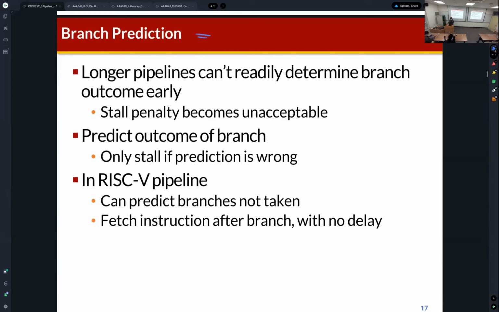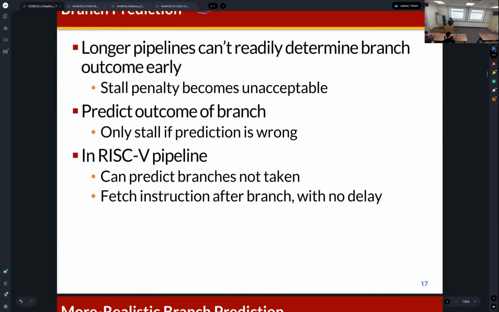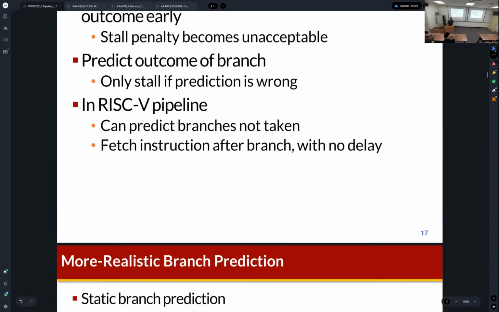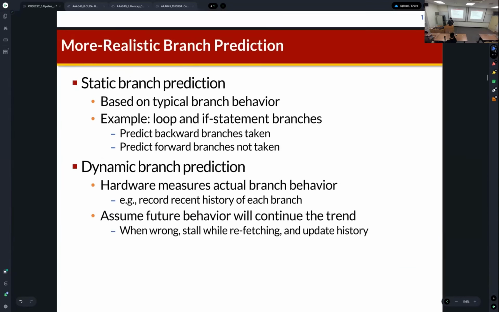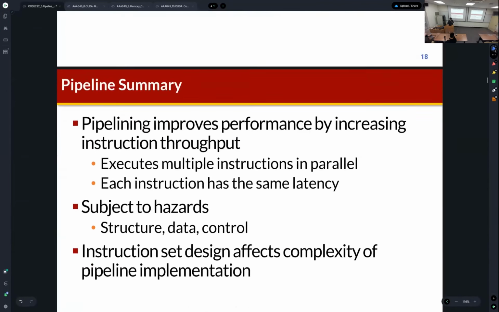It's just a prediction to reduce the control hazard, and branch prediction ideas are widely used in modern processors. So this time, I will skip the explanation regarding branch prediction. But we can reduce the control hazard by using branch prediction. Okay, I will explain later.